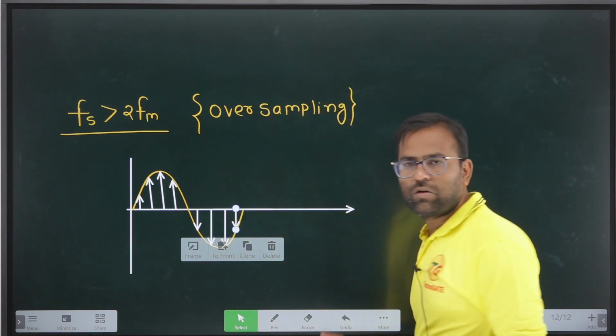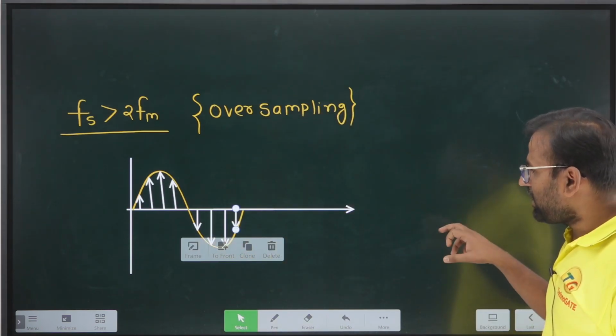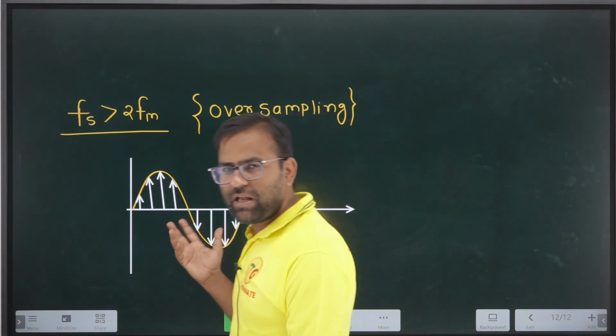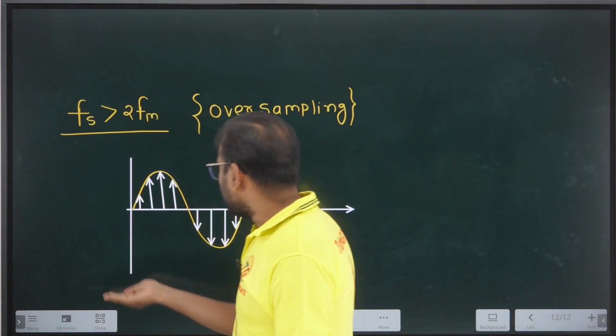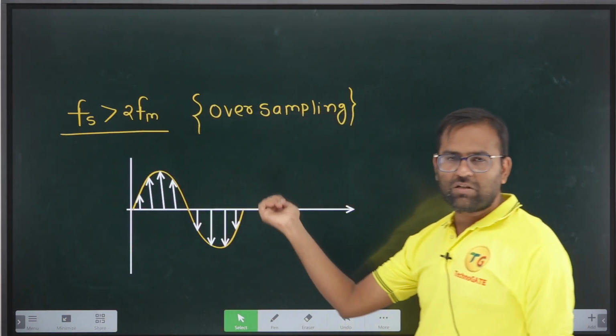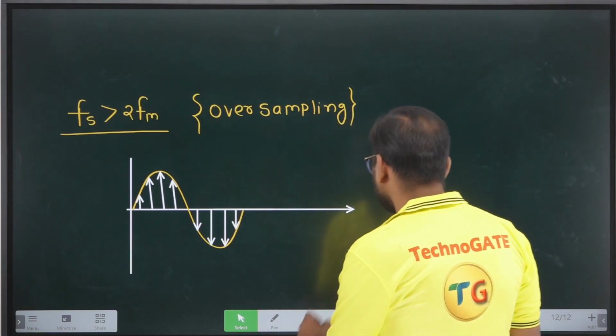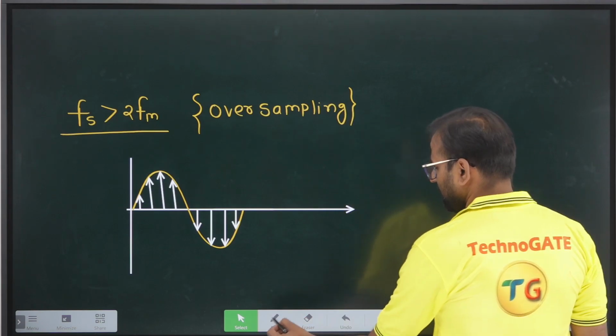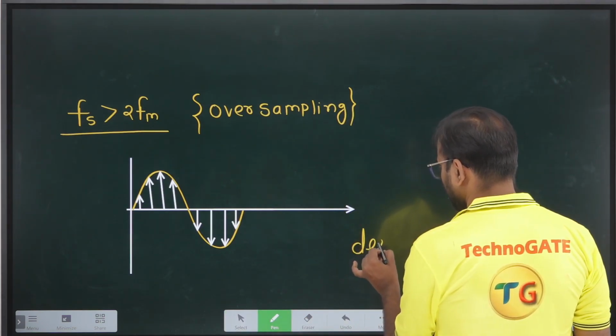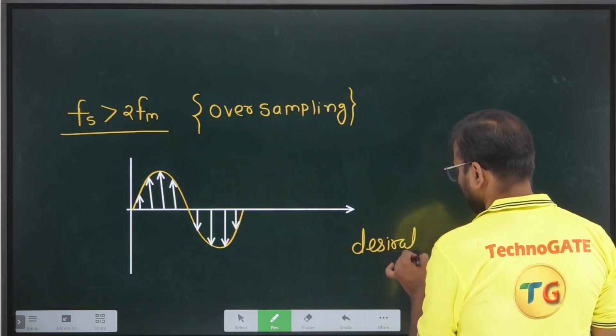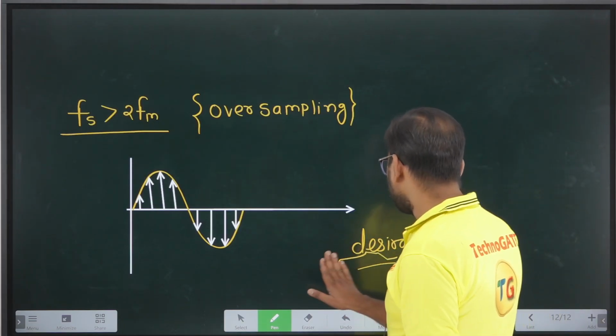Let's say you are taking a lot of samples. What is the beauty of this? You will have fewer errors, and the reconstruction of this signal is simpler. This is known as oversampling, and this is desirable. This is needed.